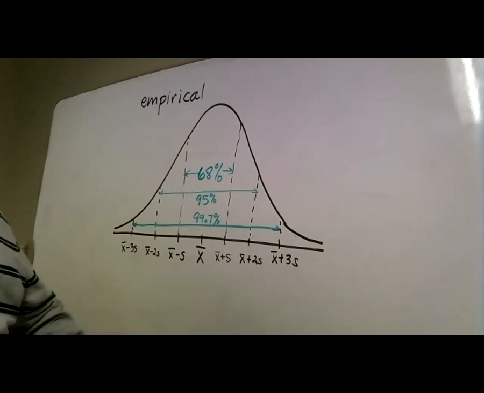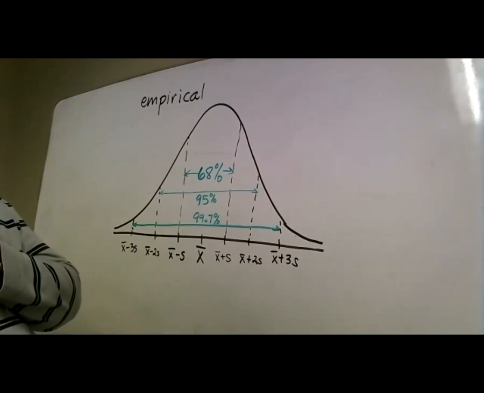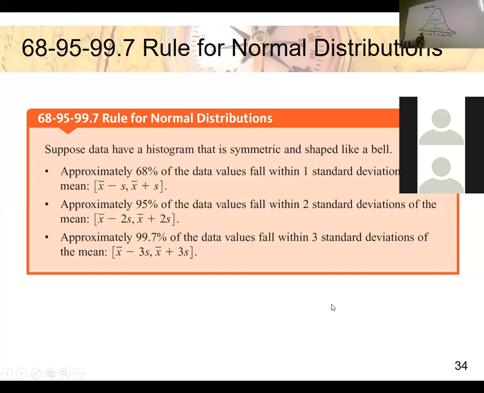So this is just a visual way of using the normal curve to show you the percentage of data values that will lie within 1 standard deviation, 2 standard deviations, and 3 standard deviations of the mean. For this particular rule, we go no further than 3, above and below. All right, any other questions?